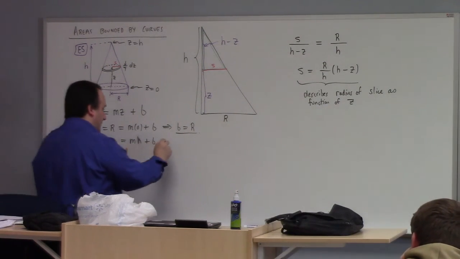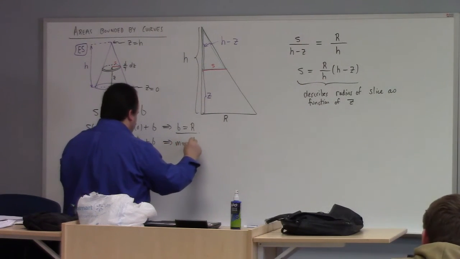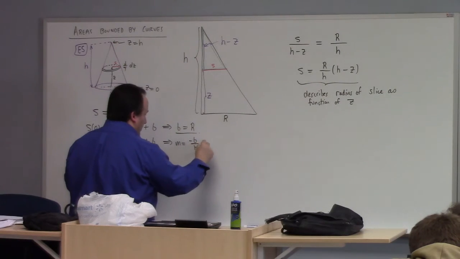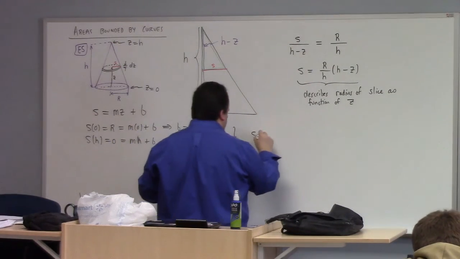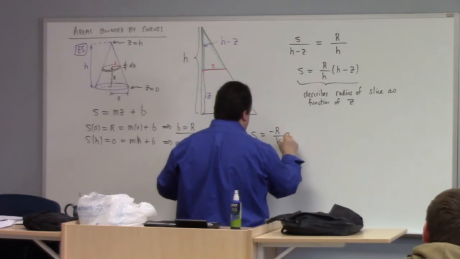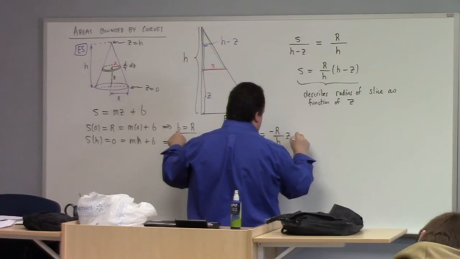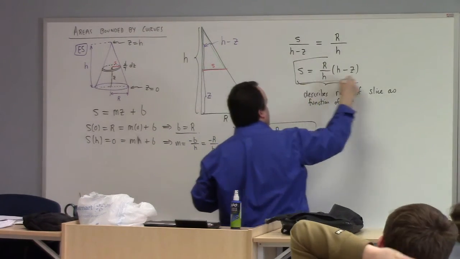This says that m is equal to minus b over h, which is minus r over h. Put these together, what do we got? We have s is equal to minus r over h times z plus b, which is plus r. So you guys compare this equation and this equation.